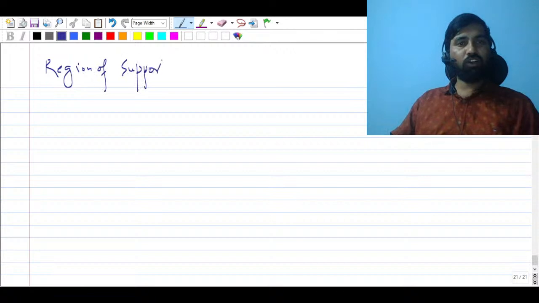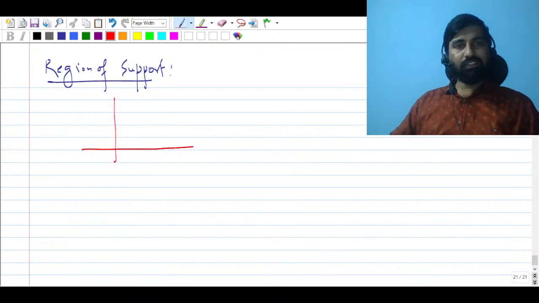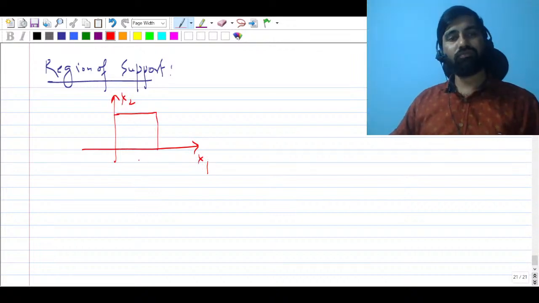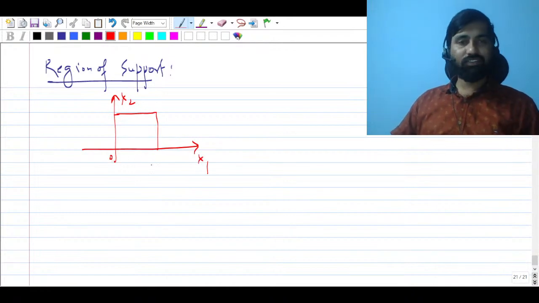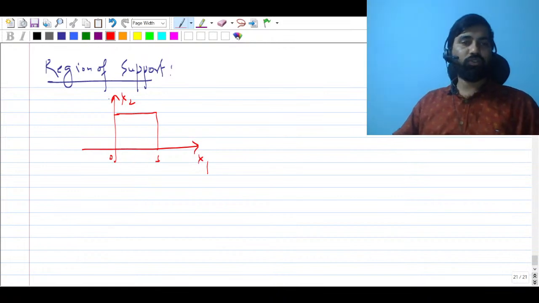And you will see how I'm going to use the symmetry. The region of support is going to be like this: this is x1 and this is x2. The IID distribution given is uniform, distributed between 0 and 1.